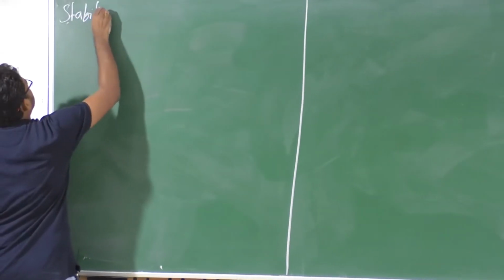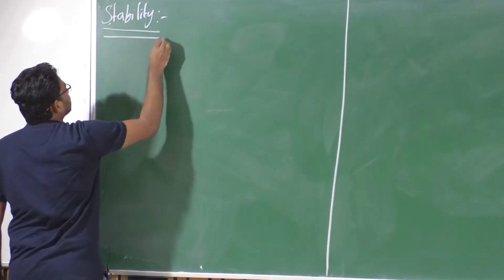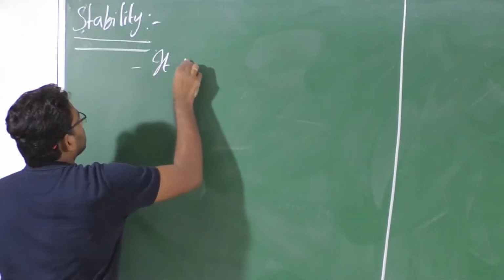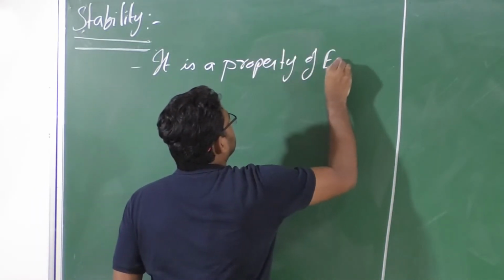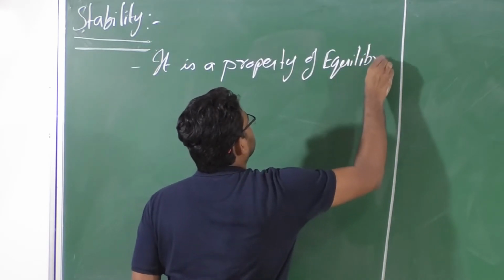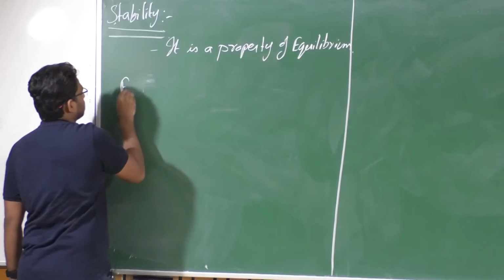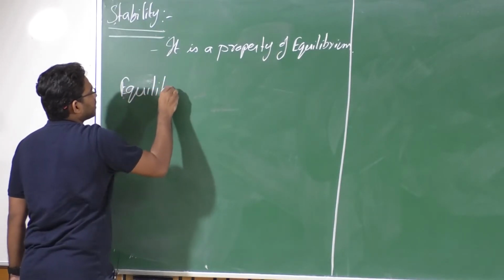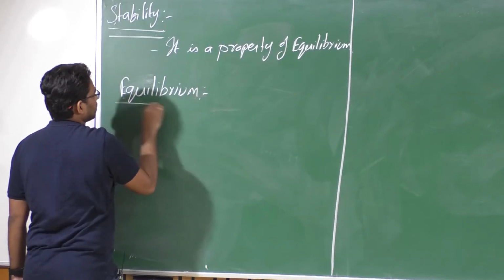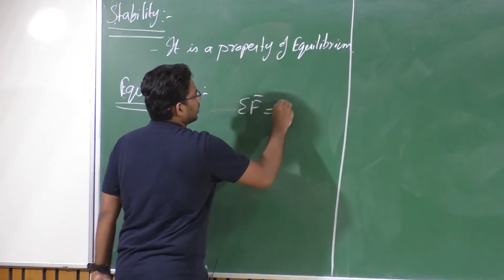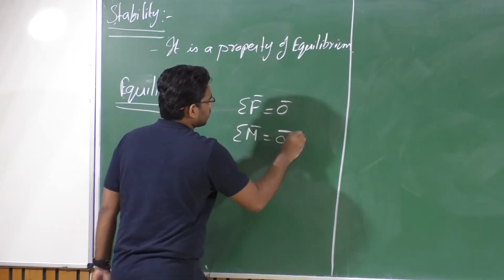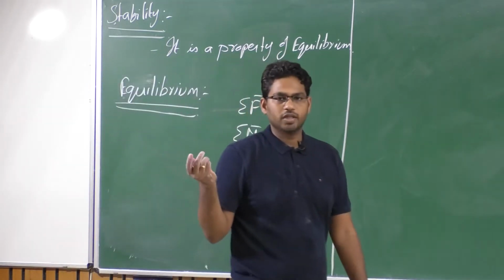So what we are going to talk about is stability. As I mentioned, it's a property of equilibrium, right? So what is equilibrium? When we say a body is in equilibrium, the resultant forces and moments acting on the body at that particular state are zero, right?